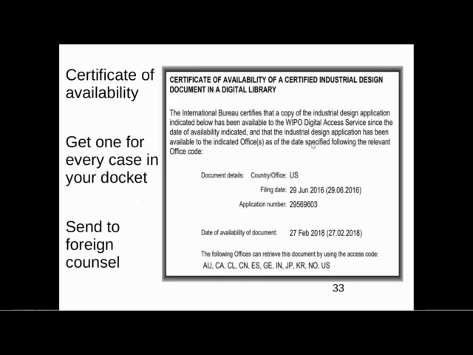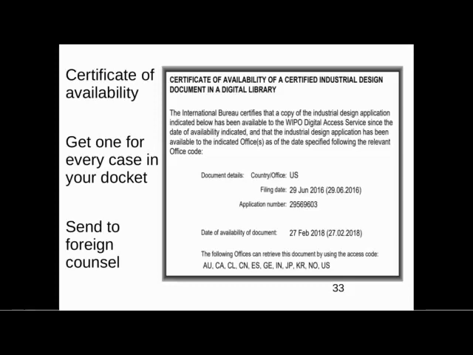Okay. Here is a certificate of availability. This is an actual one from a real case, from a design case. And you want one of these, I will put it to you. You want one for every case in your docket, every design case, every utility patent case. If the USPTO would join for purposes of ROUS, the receiving office, you'd want one for every US receiving office case that you have filed.